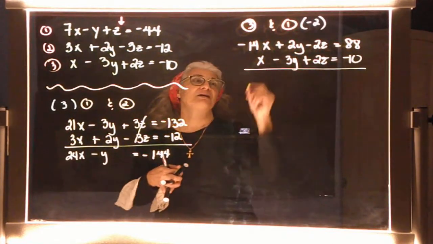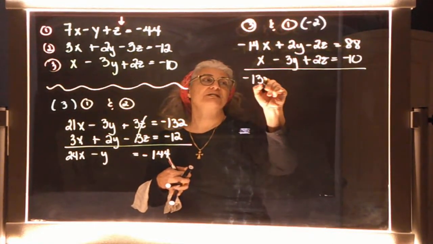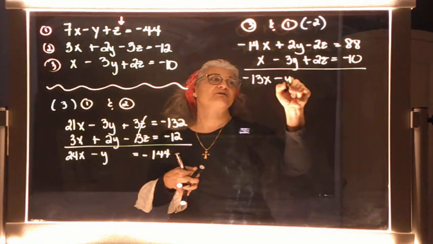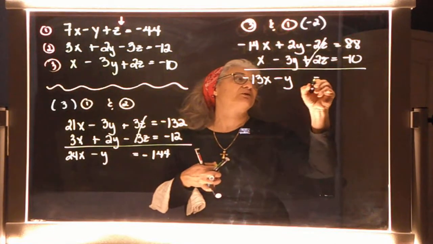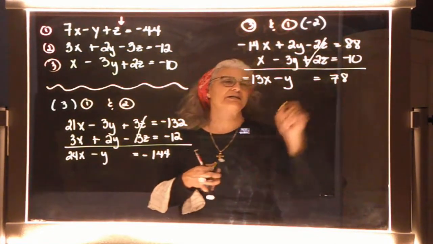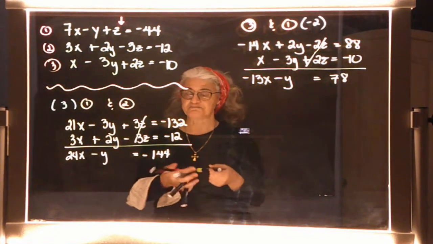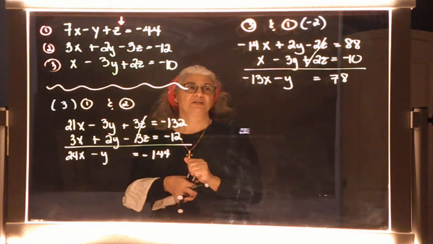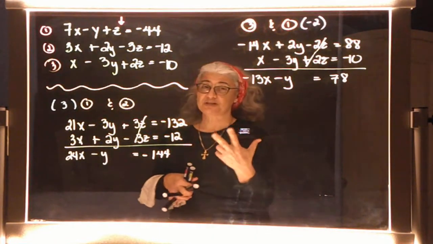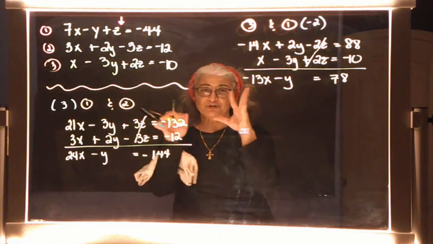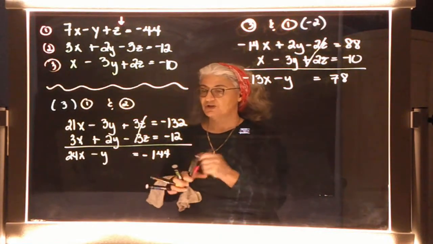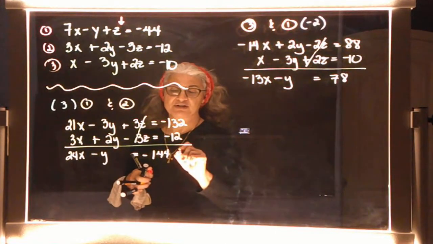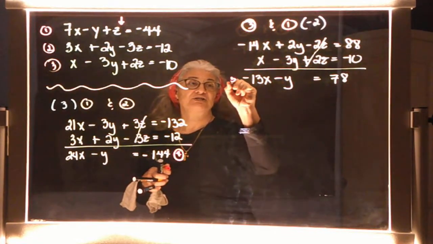Add. All right, negative 13x minus y, yay the z's drop, that was the point, equals a positive 78. How are we doing? Are we agreeing? Good, so am I. Okay, so I took my 3 equations and 3 unknowns and I reduced it to 2 equations and 2 unknowns. So I'm going to label this equation 4 and equation 5.